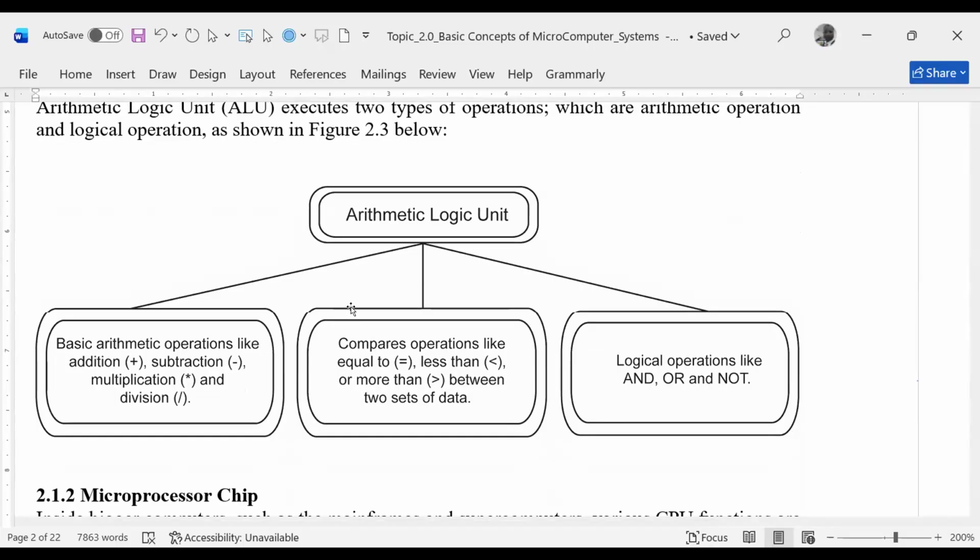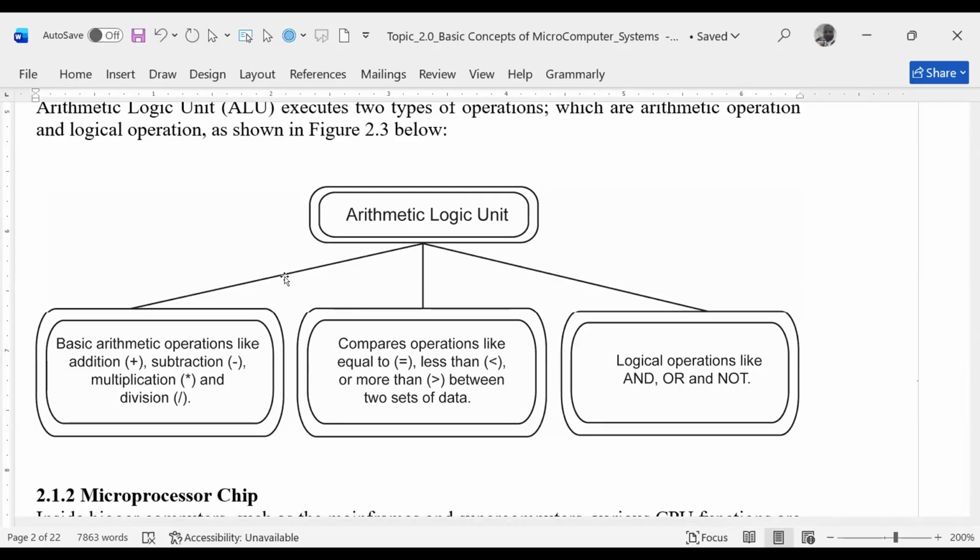All the mathematical operations in the computer system are performed by the ALU. The ALU performs two operations: one is the logical operation, and another one is the mathematical operation. All the arithmetic operations in computing are performed by the ALU.